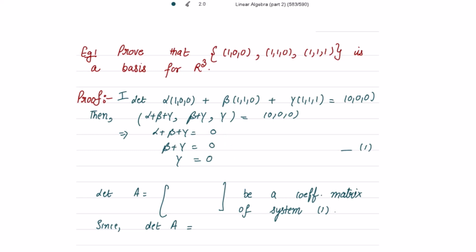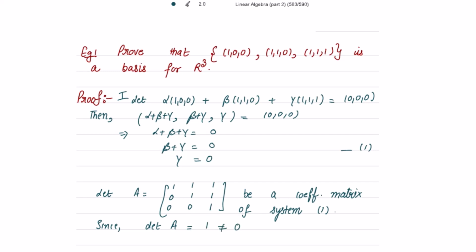The other method is to just take the coefficient matrix of this system of equations. So just write the coefficients of the scalars, and I get 1, 0, 0, and then I'm having 1, 1, 0, and in the last column I have 1, 1, 1.